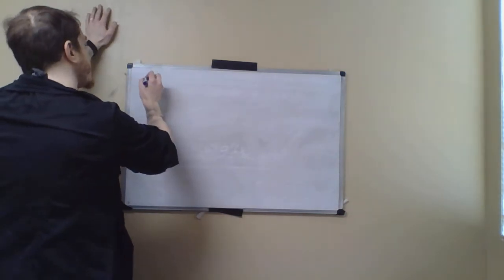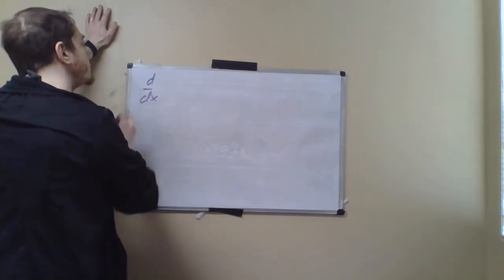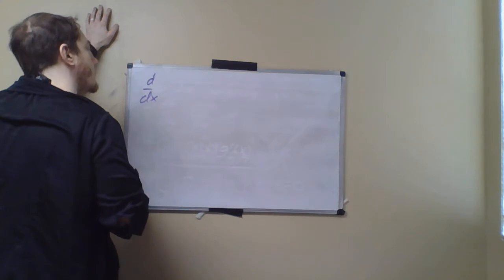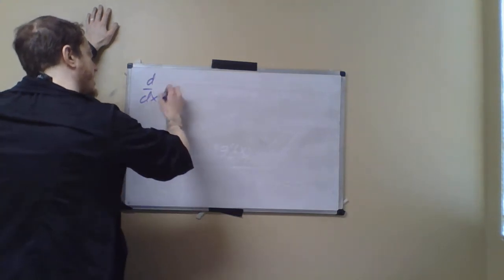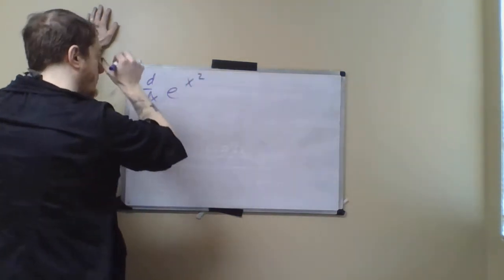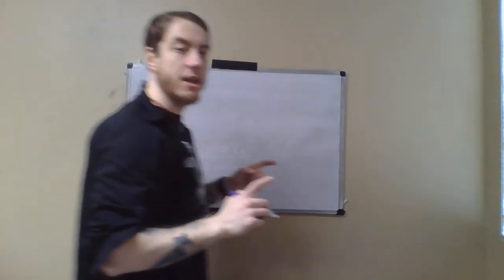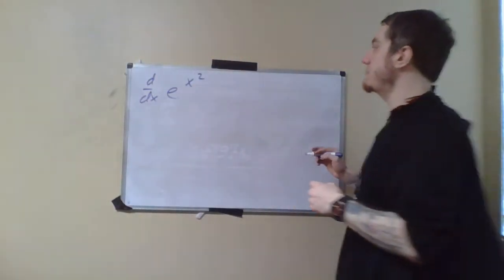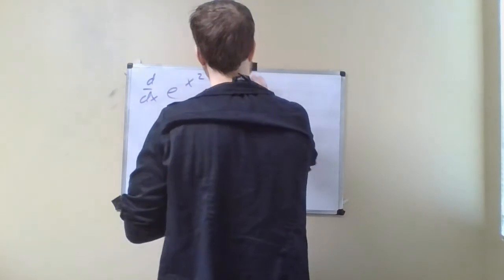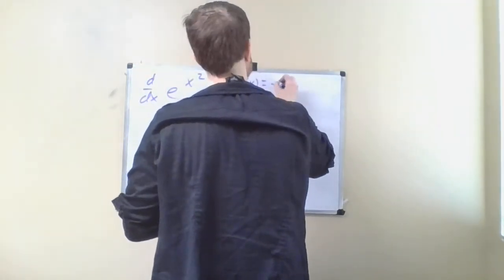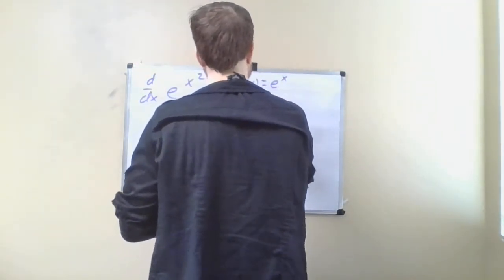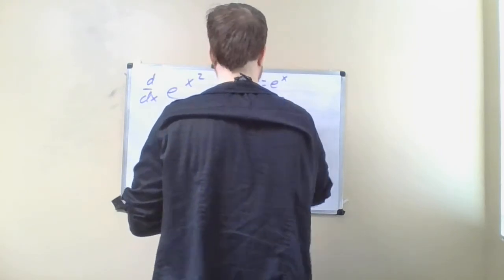Let's suppose that I want to take the derivative of, let's say, e to the x squared. Here's what I want to think about here. My f of x is going to be e to the x, and my g of x is going to be x squared.